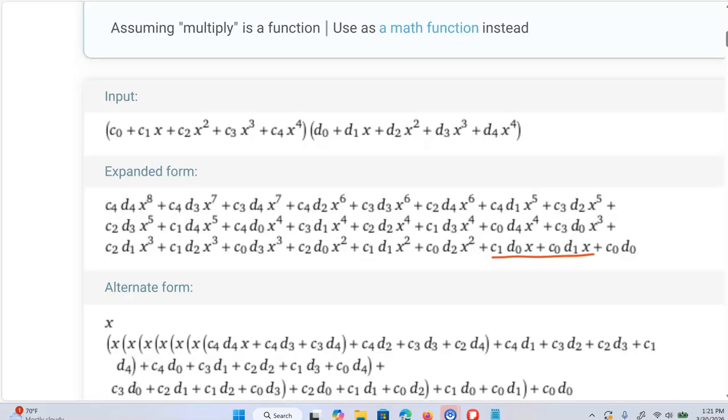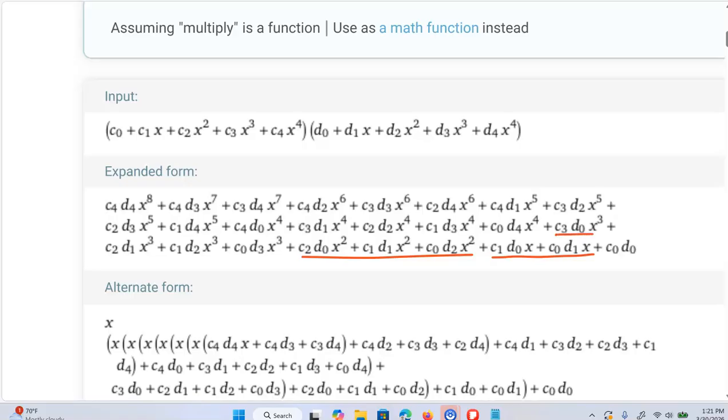You can see how those subscripts are increasing and decreasing. Same thing here, following that pattern. We've got c sub 2 d naught, c sub 1 d1. See how it increased for the d and decreased for the c. And then we decrease again for the c and increase for the d, if I were to factor that x squared out.